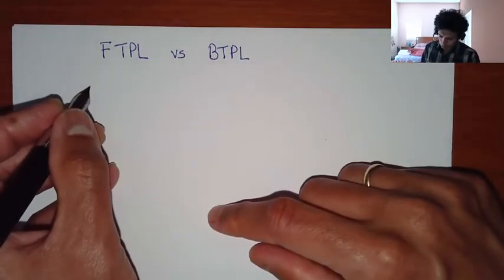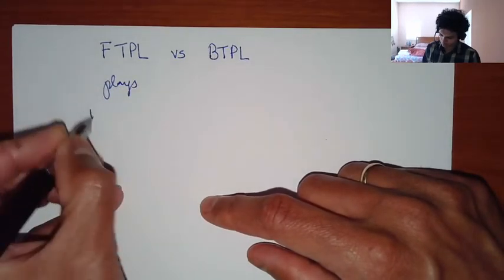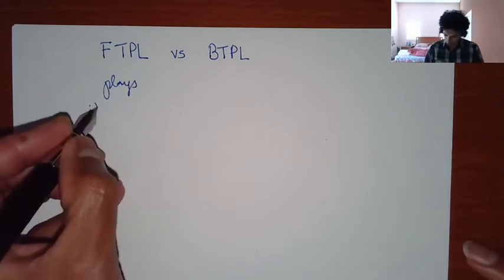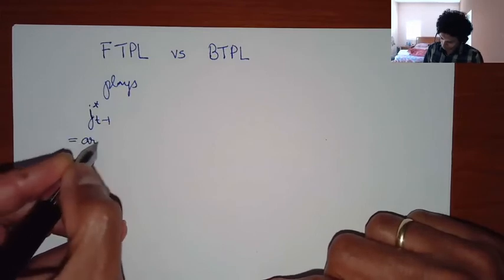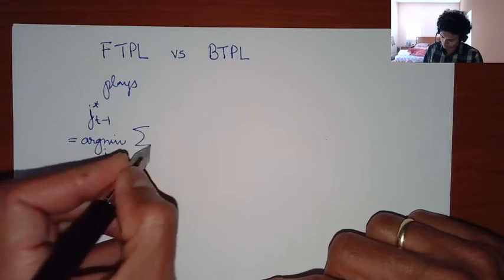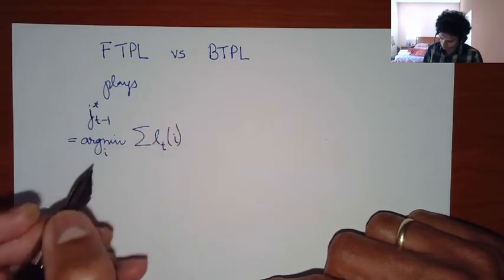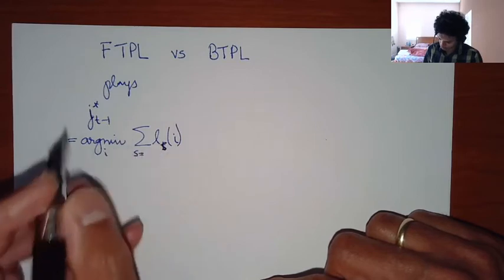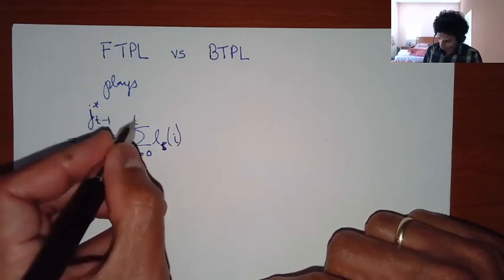So follow the perturbed leader plays J star of t minus 1, which remember is argmin of the sum of LS of I, where S is going from 0 all the way up to t minus 1.